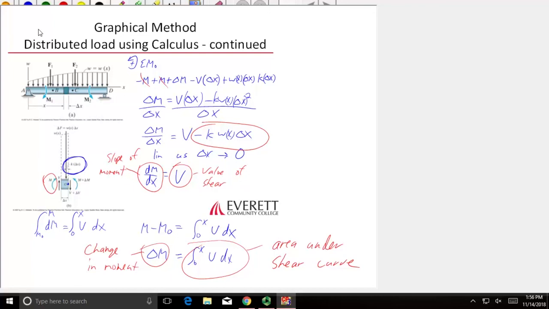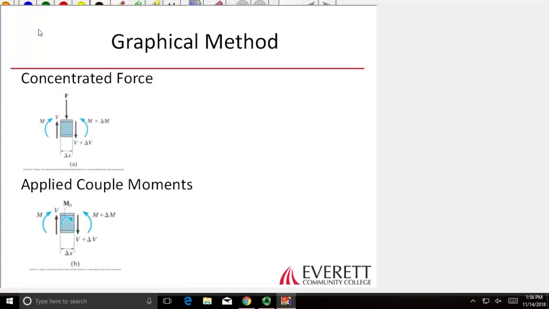These ones are kind of the ones we already knew, or at least we have hinted at in the past. Now we have a point load instead of a distributed load. Everything else is the same. I'm just going to do sum of the forces in the y direction. We get shear minus shear plus delta shear, nothing different there, but then just minus F equals 0. Shear minus delta shear equals F. These two cancel.